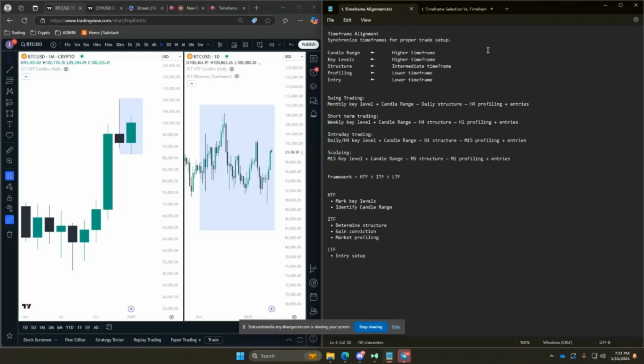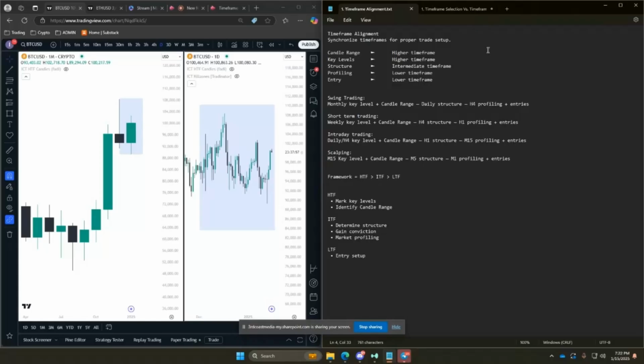So we use time frame alignment to synchronize which time frames we're choosing to use. Depending on how long you intend to hold the trade or what type of trade you're making, there are different ways to organize the time frames, or different time frames to choose, I should say.